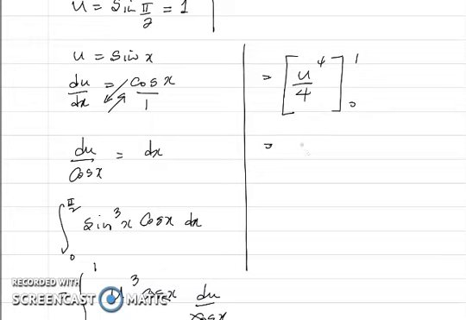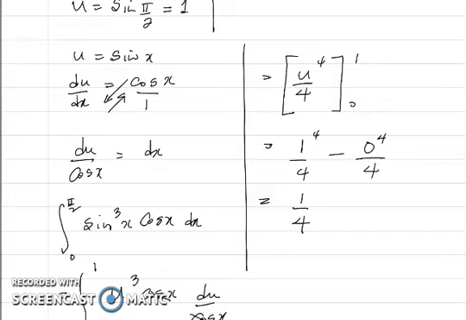When u is 1, I'm going to have 1 to the fourth power over 4 minus 0 to the fourth power over 4. So this is equal to 1 over 4. All right, so our final answer there is 1 over 4.